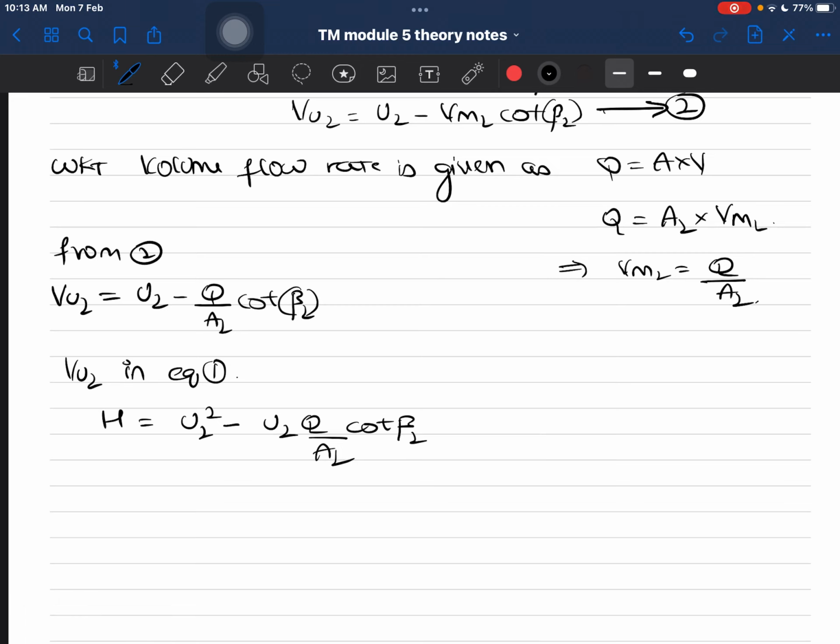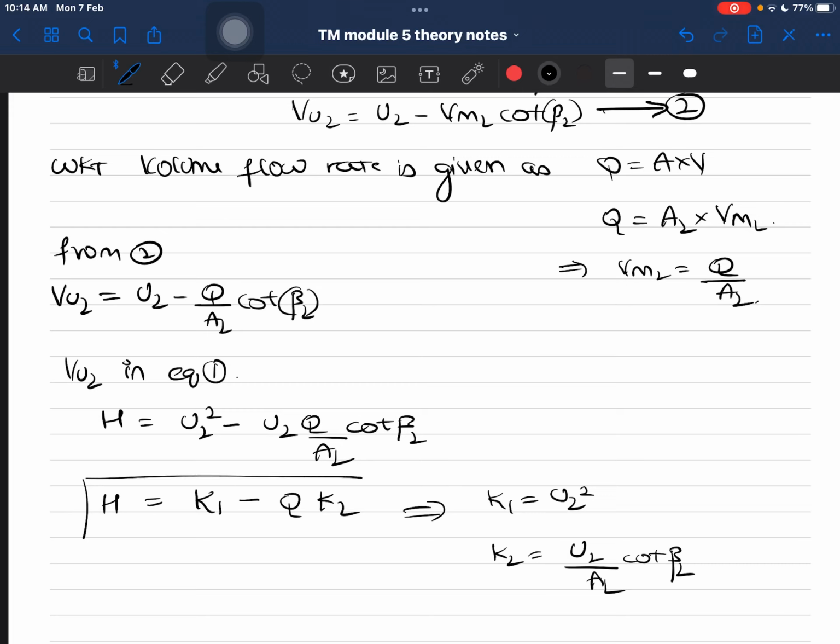Now, this I can write as K1 minus Q times K2, where K1 would be U2 square and K2 would be U2 divided by A2 into cot beta 2.